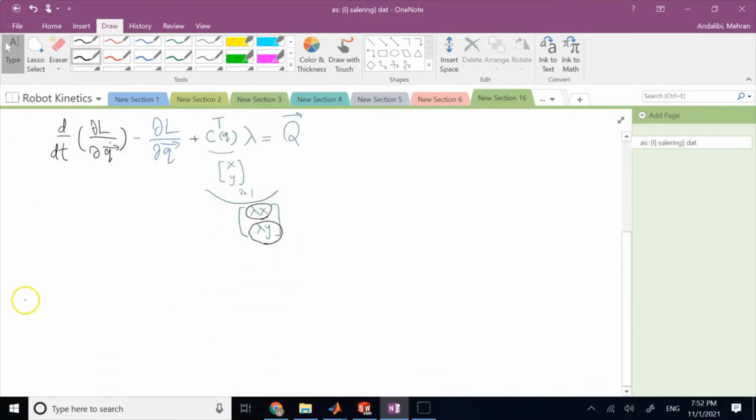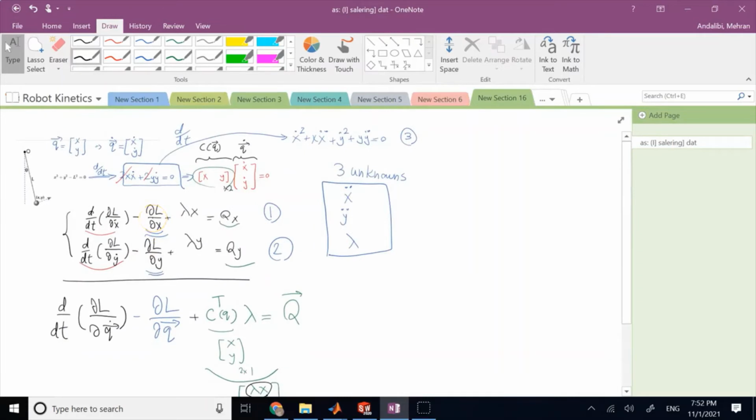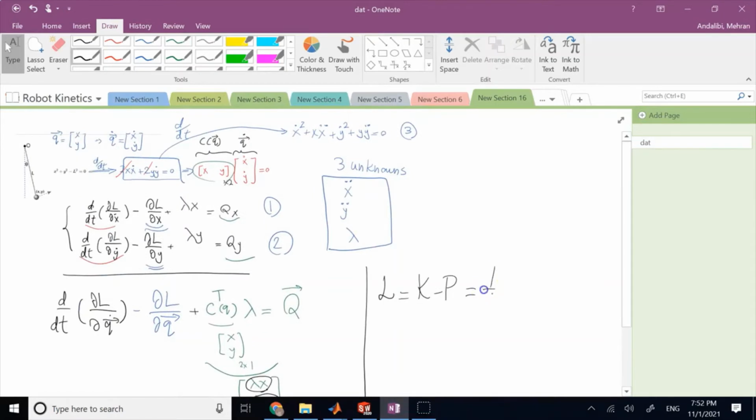So equation 1, what does it give us? For that, I need to first have the Lagrangian. What is Lagrangian in this case? Well, Lagrangian is K minus P, kinetic minus potential energy. Your kinetic energy is clearly 1/2 m times velocity squared, and velocity squared here is x dot squared plus y dot squared, just like what we did in the previous video.